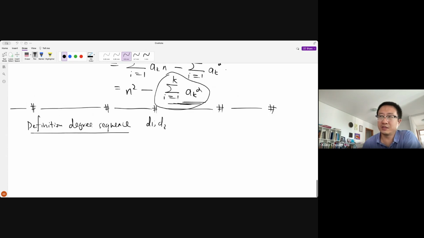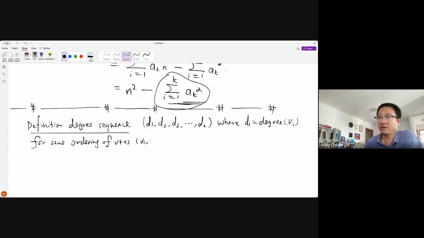We already put it in the proof of our previous results, where di is just the degree of vi for some kind of ordering of vertices.